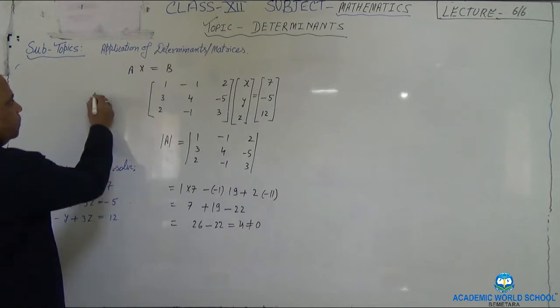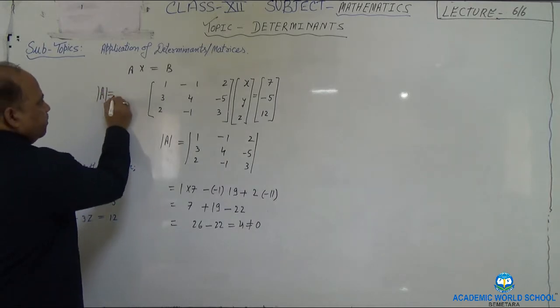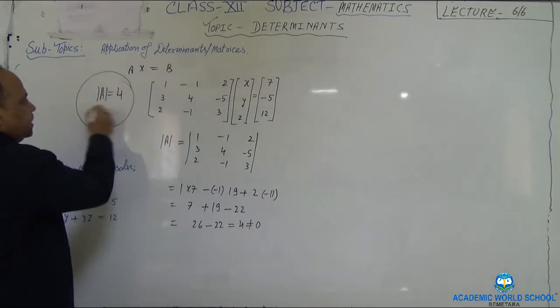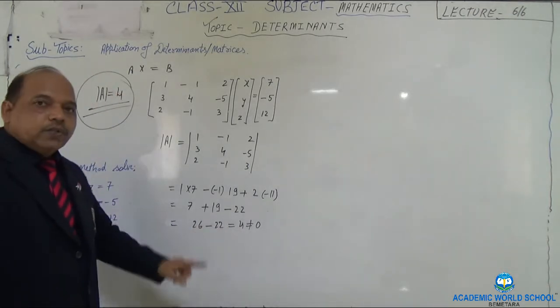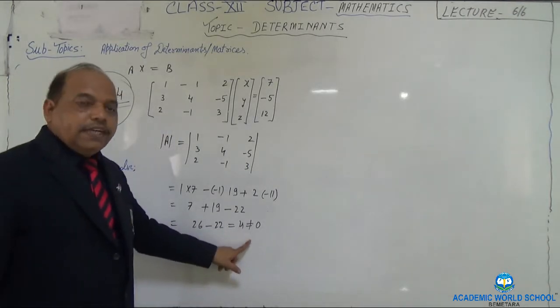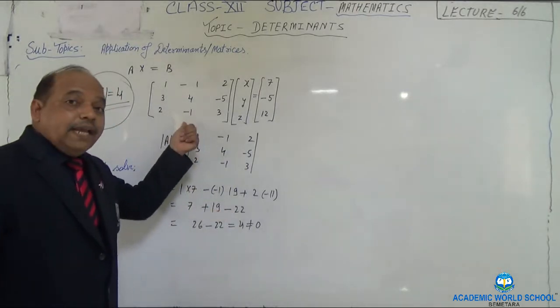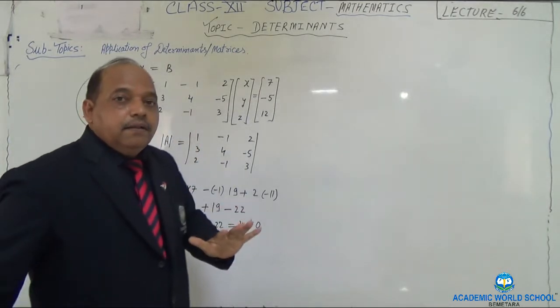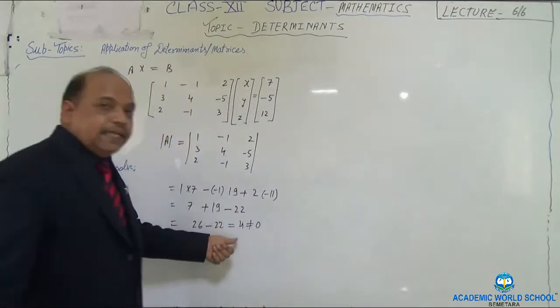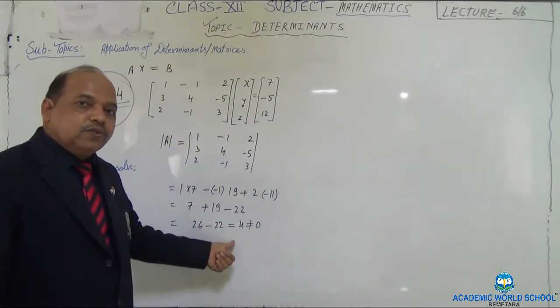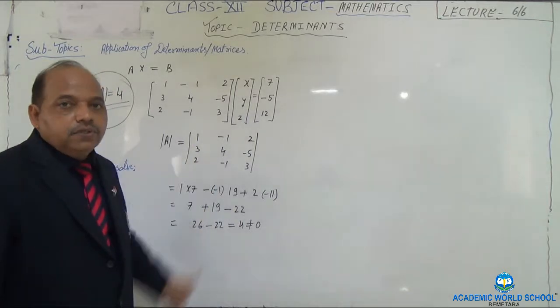So we came to know the corresponding value of determinant A is 4. This is what we are going to use, so just keep it safely. This also indicates that it is non-zero, which means its inverse will exist. So we are going to get a unique solution. The moment you say it is non-zero, it also ensures that you will get the non-zero solution.